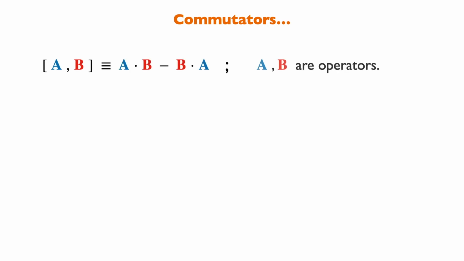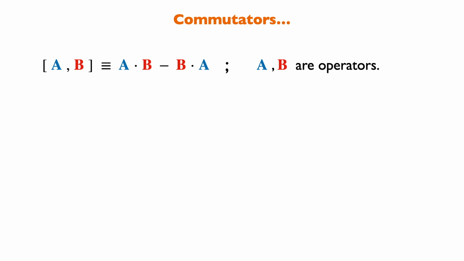We now introduce the idea of commutators. This will turn out to be very important later when we talk about quantization conditions and symmetry transformations. A commutator between two operators, A and B, is defined as the following. It is the difference between two different orderings of two operators.